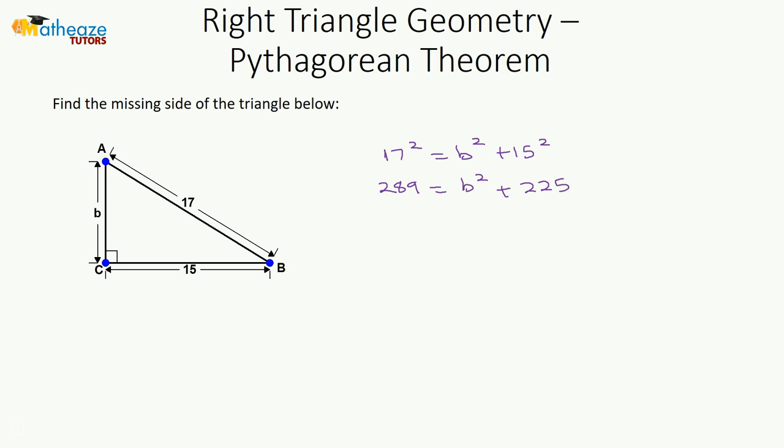Let's subtract 225 from both sides. So 64 is equal to B squared. So to get the value of B, let's take a square root of 64, square root of B squared. So 8 is equal to B. So the missing side is 8 units.